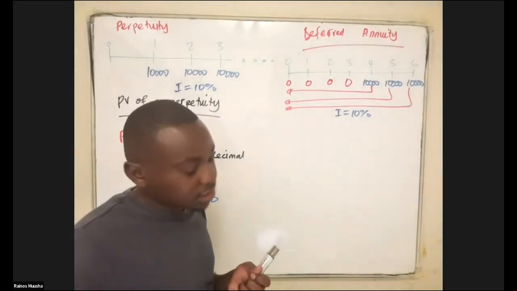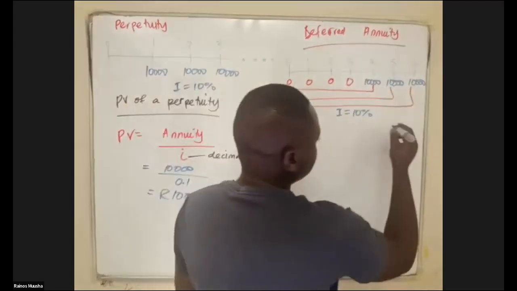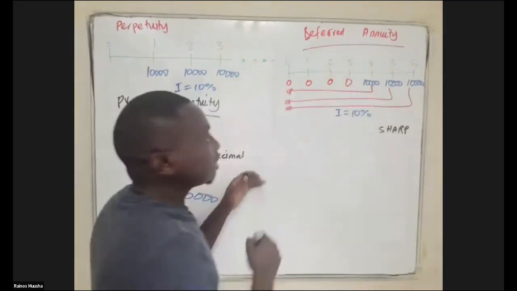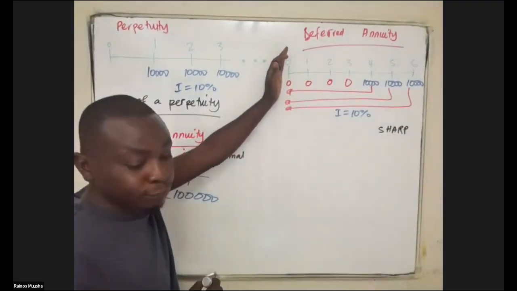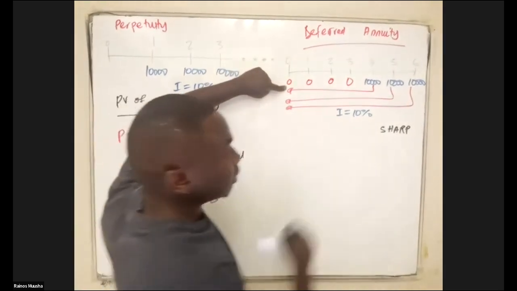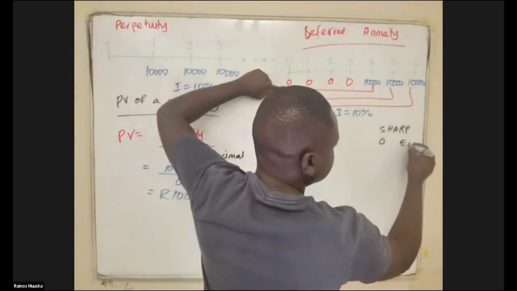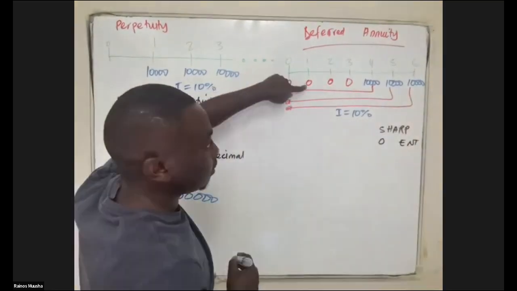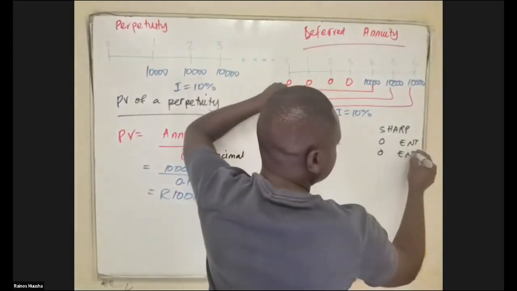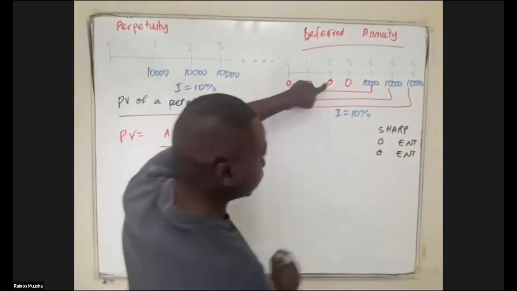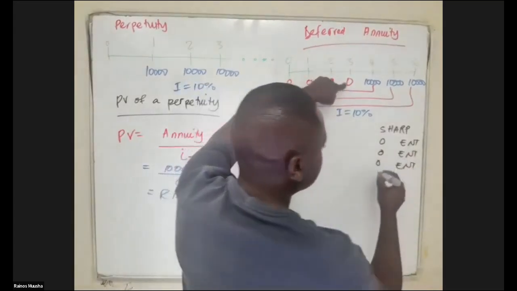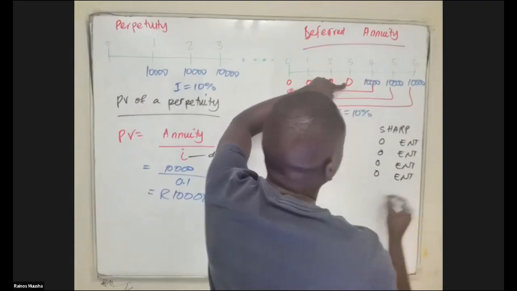How you can do that is, with your Sharp calculator, you first enter the cash flows starting from period 0. Period 0, there's no cash flow, so you say 0 and press enter. Then you enter the cash flow for year 1: 0, enter. For year 2, 0, enter. For year 3, 0, enter.